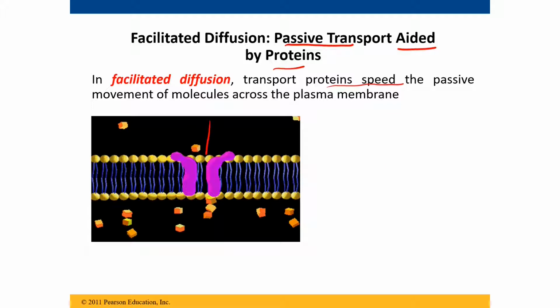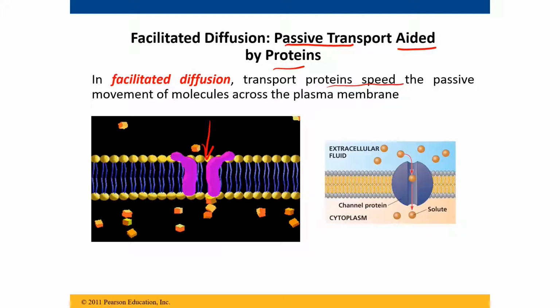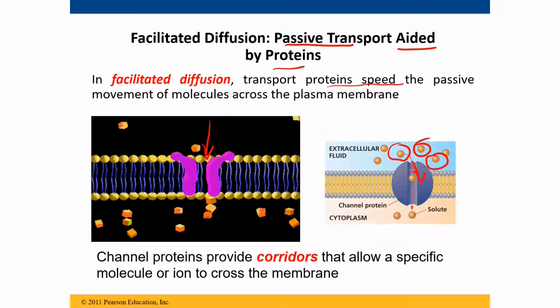This is just like a corridor, a channel to allow molecules to cross, but it still doesn't require energy. So this is what is considered passive, and in your textbook you will find a very similar schematic. These molecules will move through this corridor using this channel protein, and as I said before, there will be corridors that allow specific molecules or ions to cross the membrane.